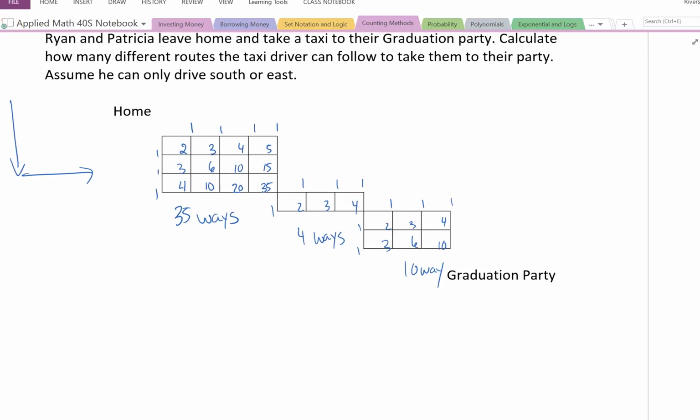Well, it's 35 ways and 4 ways and 10 ways, because we have to get through all of these to get to the graduation party. So you would take 35 multiply by 4 multiply by 10 to give you a total of 1,400 different ways to get from home to the graduation party. Method 1.